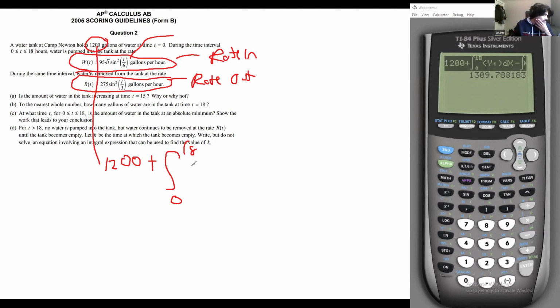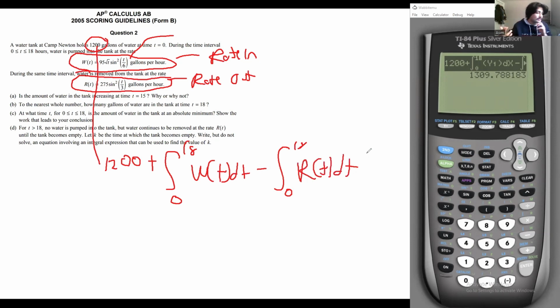And the integral from 0 to 18 of W(t) dt minus the integral from 0 to 18 of R(t) dt. So guys, why did I take the integral and why did I subtract the integral of R(t) dt? Since we have our rate in, we have to find how much water we have.